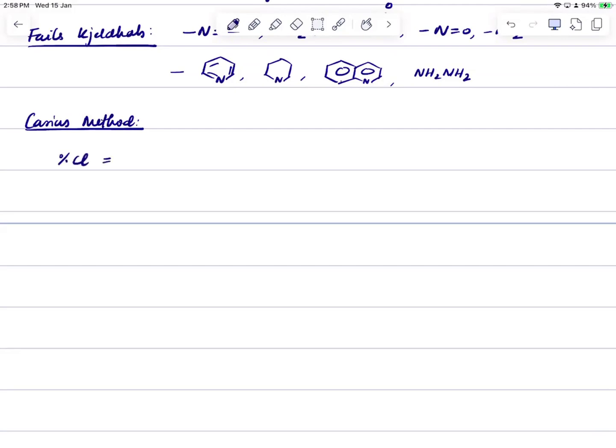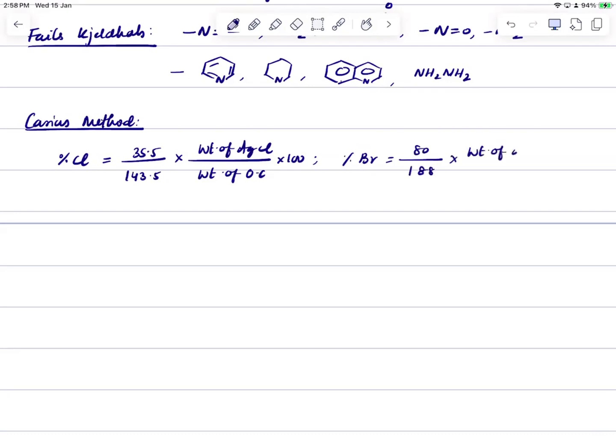Percentage chlorine in that case will be 35.5 by 143.5 into weight of AgCl by weight of organic compound into 100. Similarly, percentage bromine will be equal to 80 by 188 into weight of AgBr precipitate divided by weight of organic compound into 100.